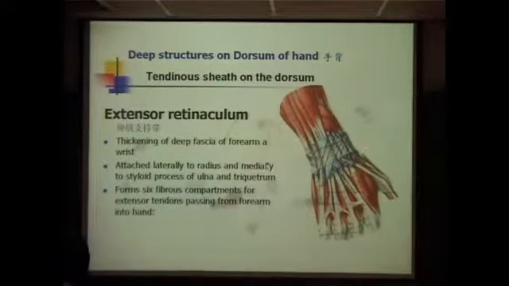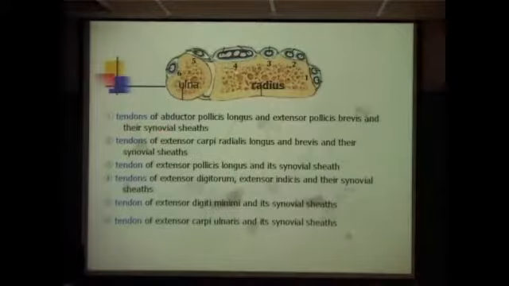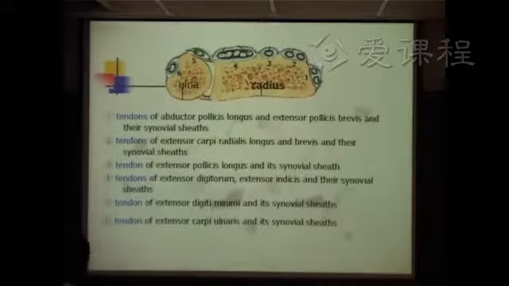When we cut the wrist transversely, you can see the tendons arranged like this. You should learn about the arrangement of the tendons on the back of the wrist by yourself. 1, 2, 3, 4, 5, 6 compartments the tendons pass through.